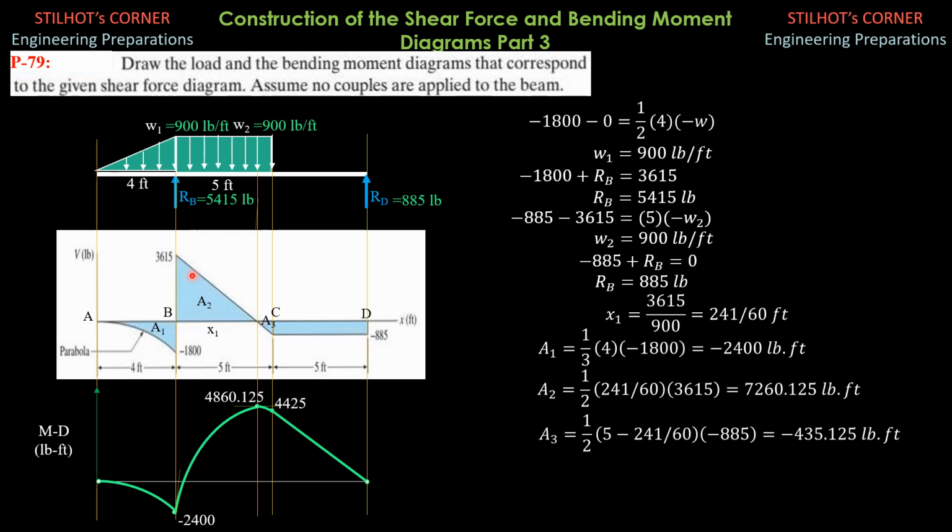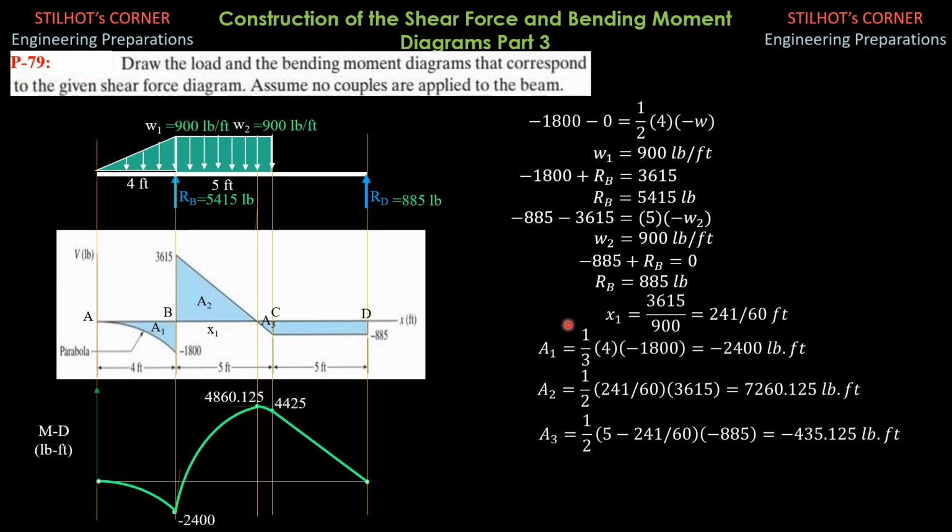So x1 is 3615 over 900. It is based on the shear equation, or you may base it on experience. But if you do not know it yet, then apply similar triangles. You will arrive at the same answer.